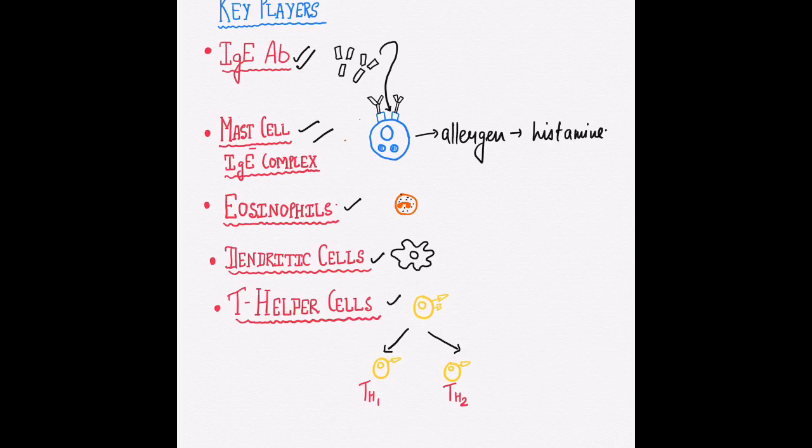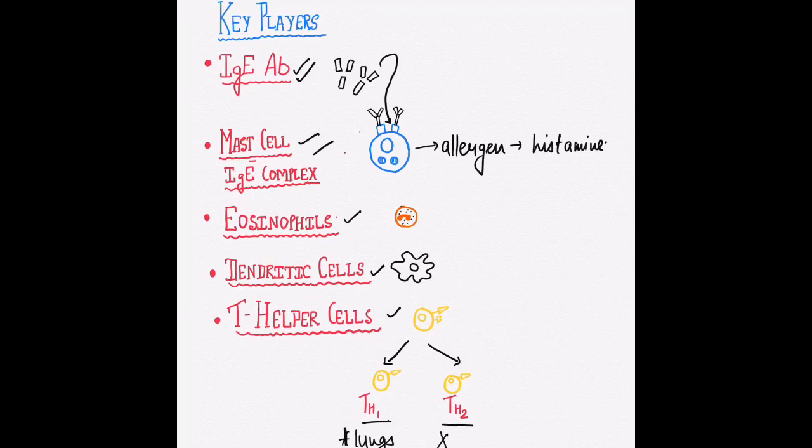The T helper cells are generally of two types, the T helper 1 cell and the T helper 2 cell. The T helper 1 cells are generally present in the lungs while the T helper 2 cells are not present in the lungs. However, there is an imbalance in the case of asthma because in asthma, the T helper 2 cells, which are not generally found in the lungs, are upregulated and are found in greater concentration.